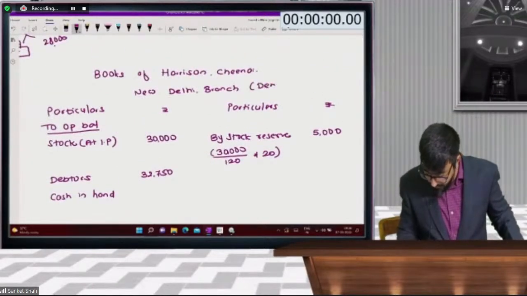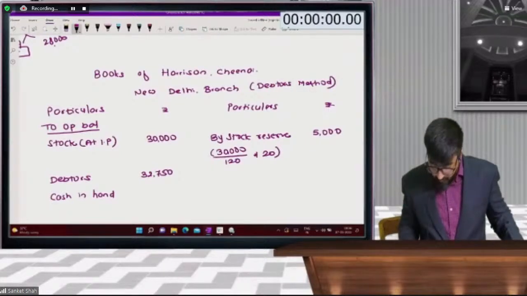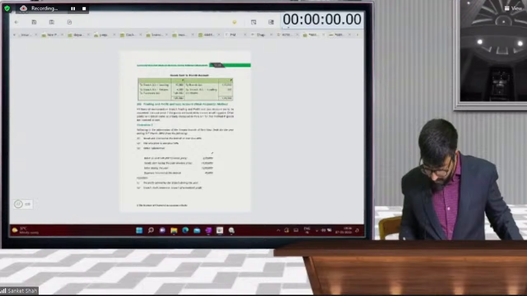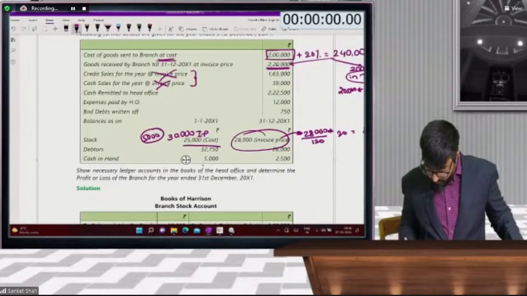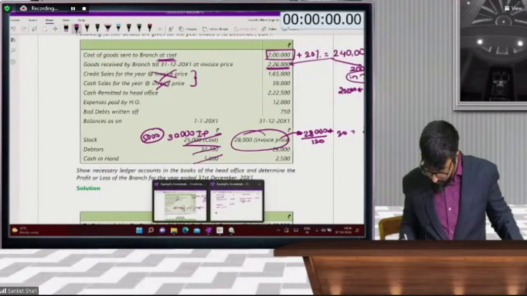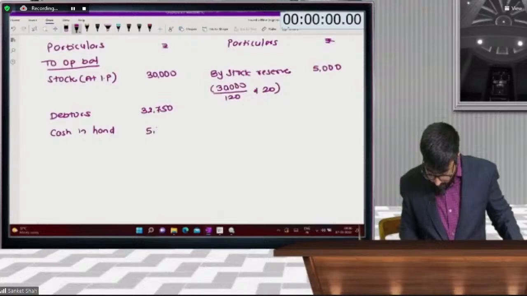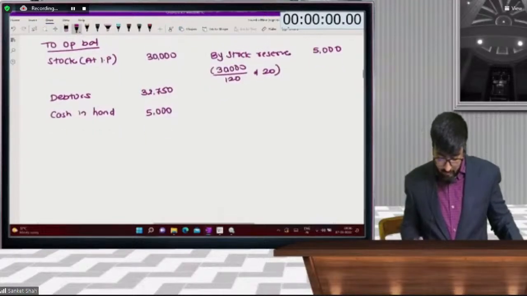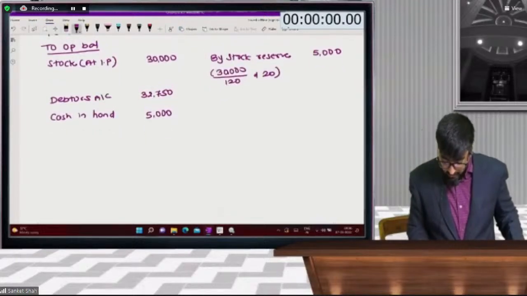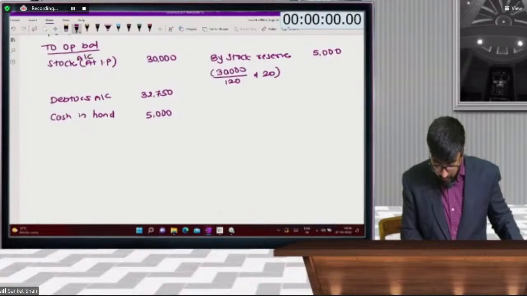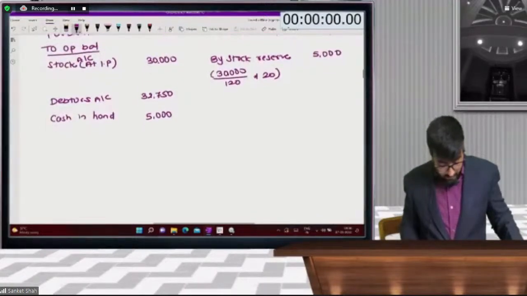This is debtors method. Cash in hand 5,000. Debtors account, cash in hand account, stock account.